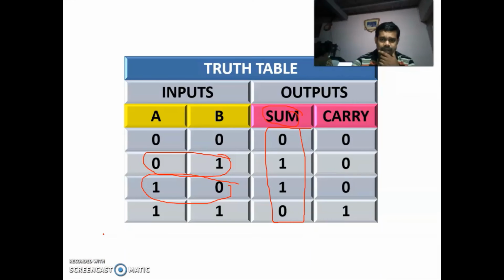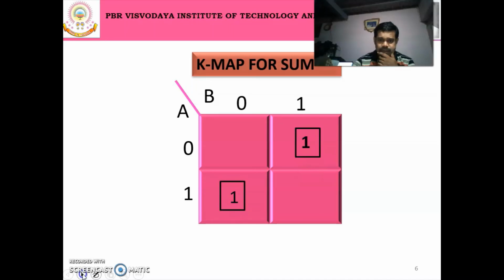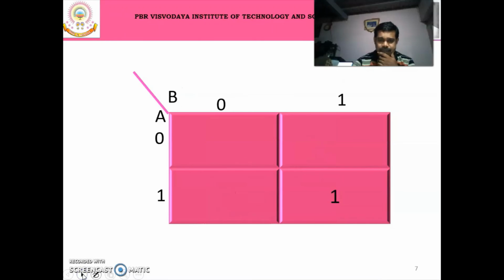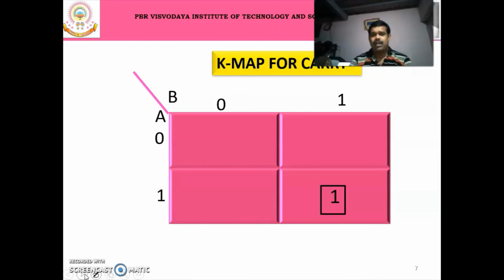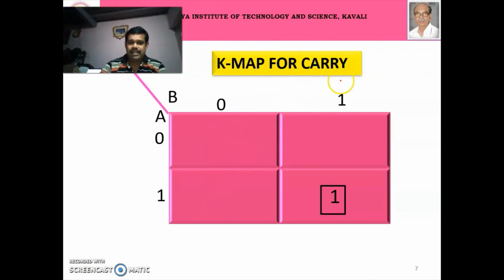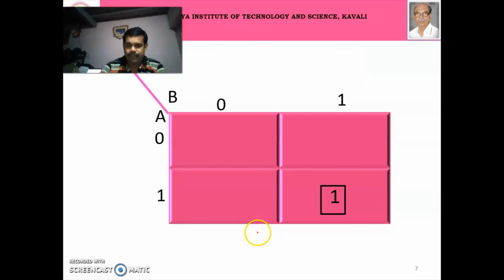Now for carry, you take the column of carry. You are having 1 for the input combination 1 1. So for carry, this is carry, and for carry we are having 1 only for the input combination 1 1.